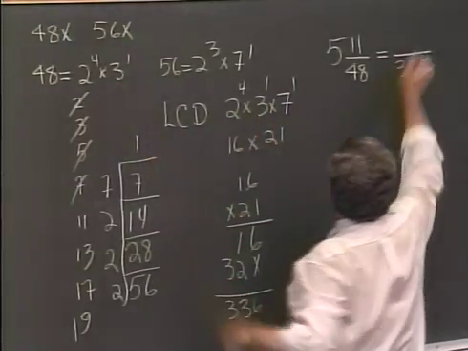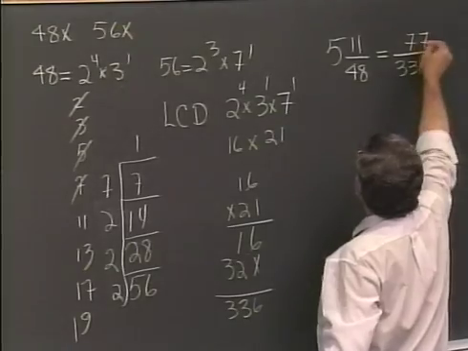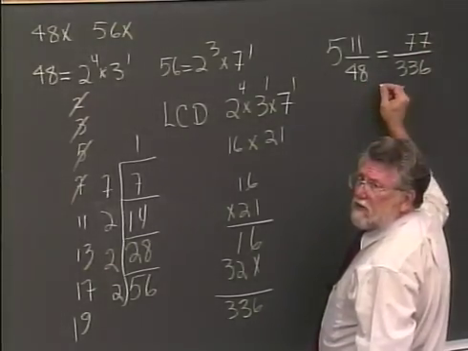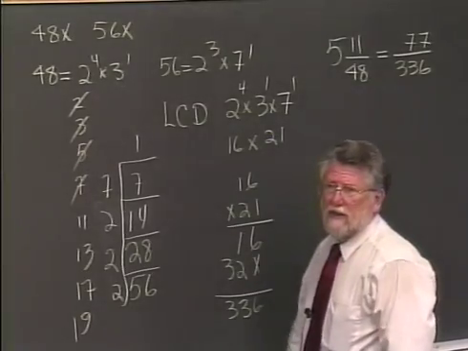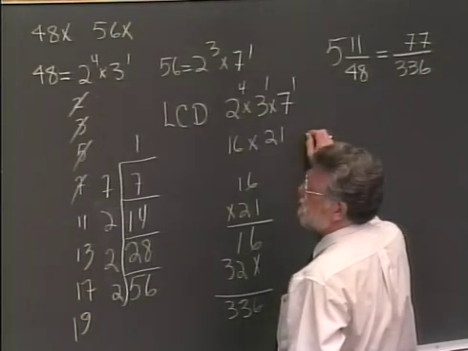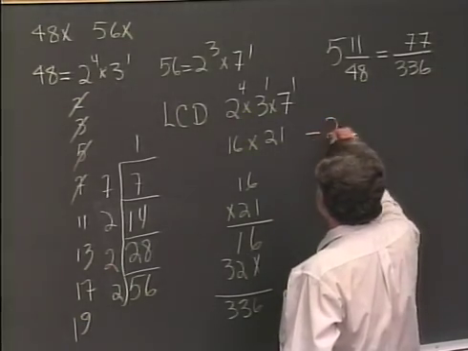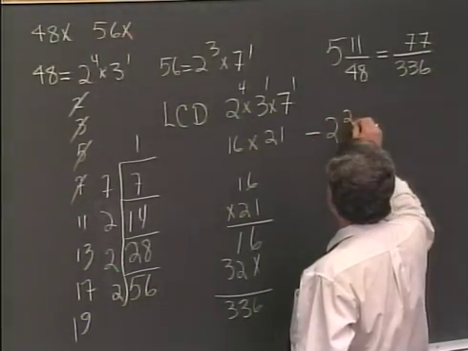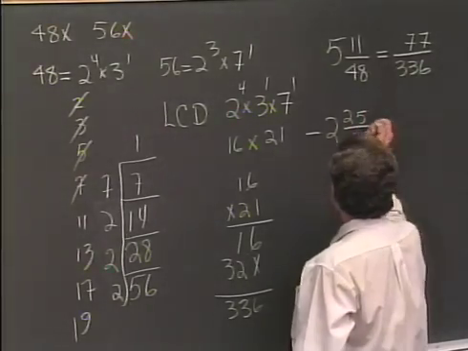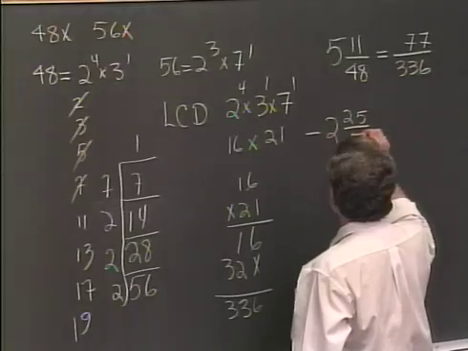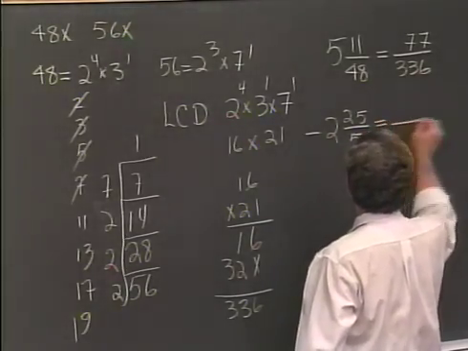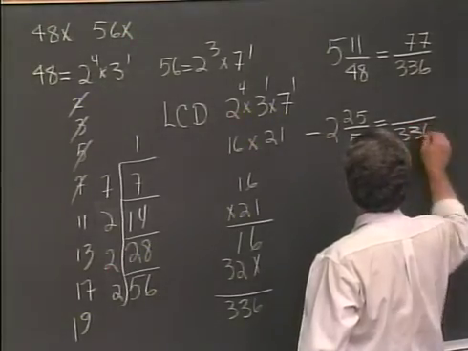So that means I need 77 here, because I multiplied 7 times 48 to get this. So 7 times 11 is 77. Then I'm subtracting off what? A 2 and 25/56. So all I'm doing is changing this denominator, that's 56, into something over 336.